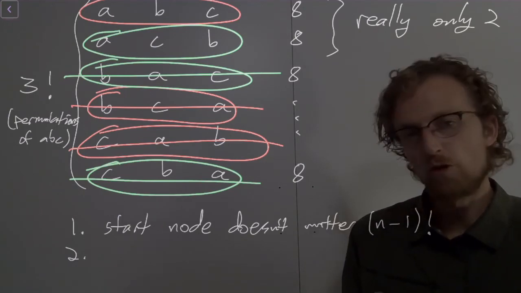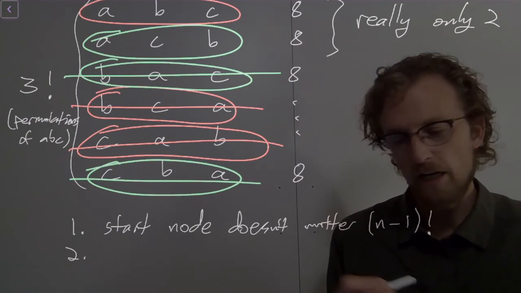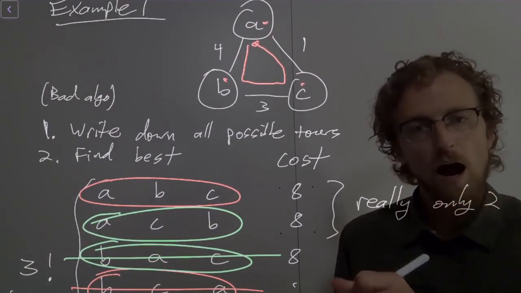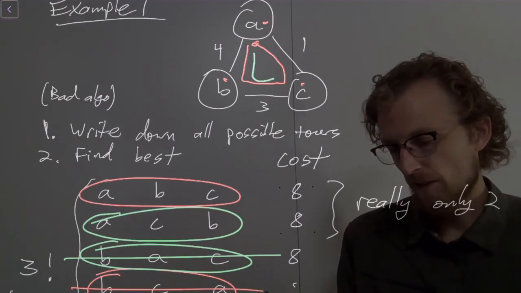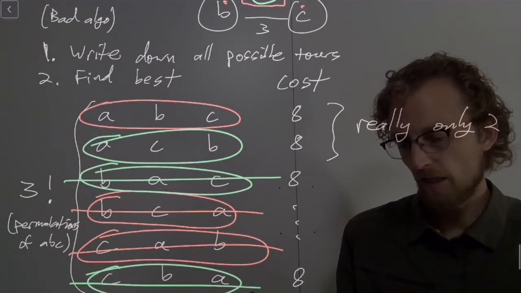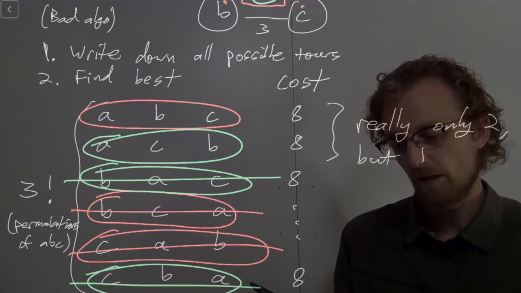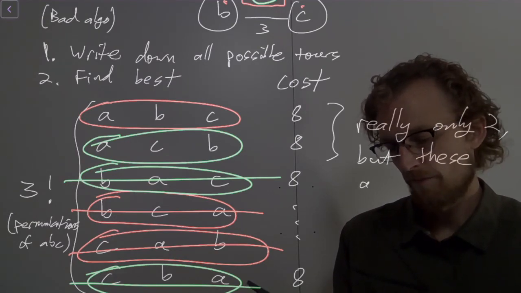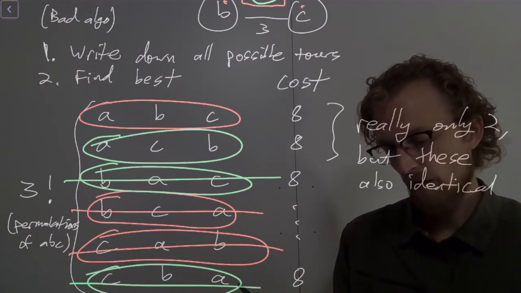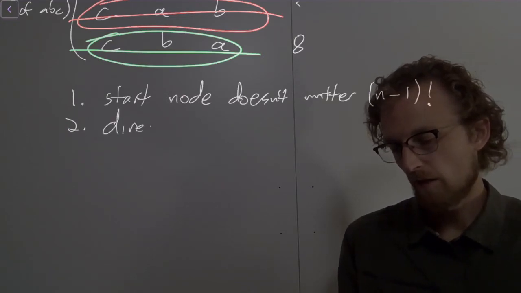And then 2, the direction of the tour doesn't matter, right? So I got it down here to 2, and then I can notice that, hey, those are just opposite directions of the same tour, right? So those 2 are actually identical as well. But these are also identical. Okay, so starting node doesn't matter, and then the direction doesn't matter.